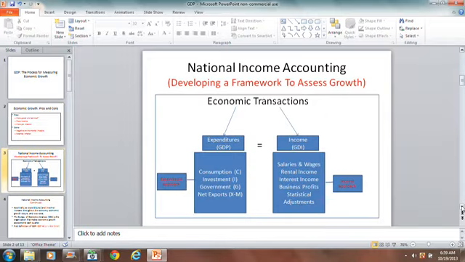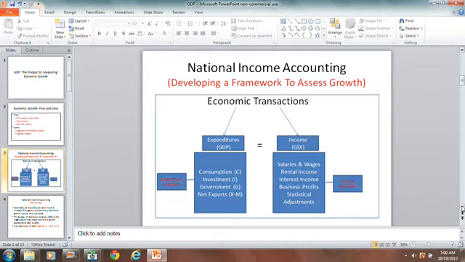All right. Now, trying to measure growth is a rather complicated undertaking, because our economy is very massive, and it has a lot of interesting facets and dimensions to it. And trying to have a systematic way of measuring how it's growing or shrinking is quite a daunting task.